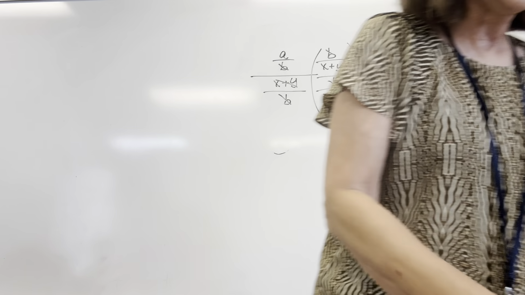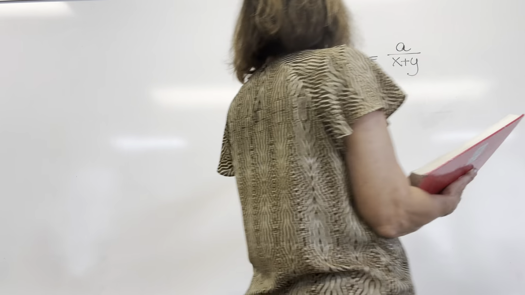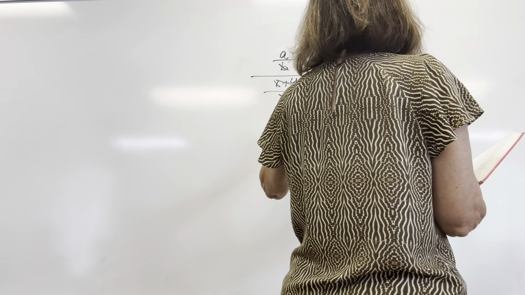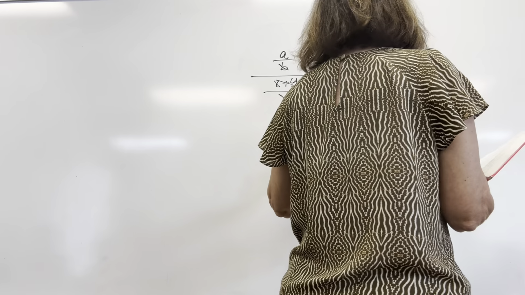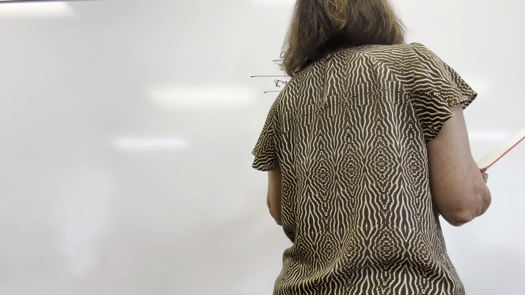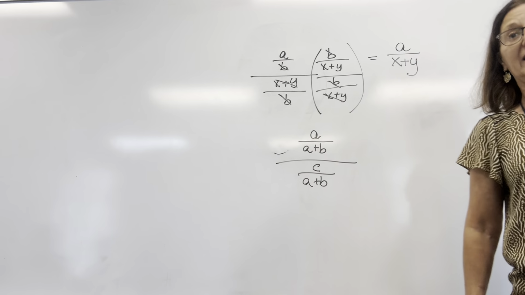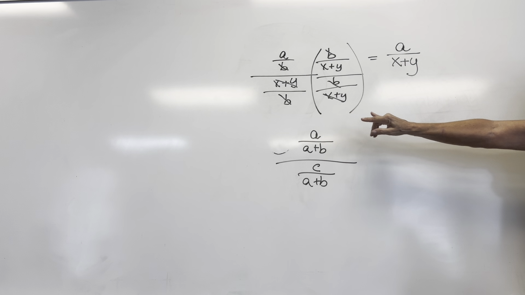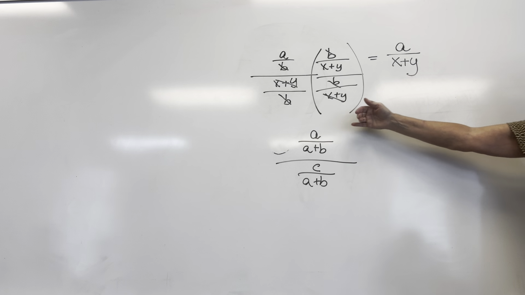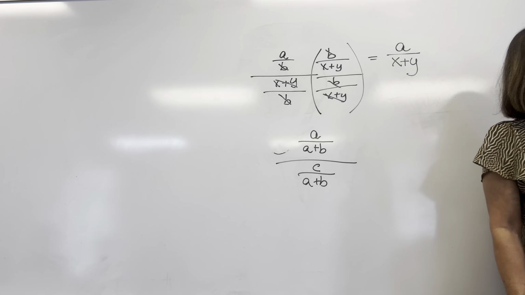Same with example 2. Example 2 is a over a plus b all over c over a plus b. Mathematically, I am multiplying by the reciprocal over itself, but the result is going to be a over c.